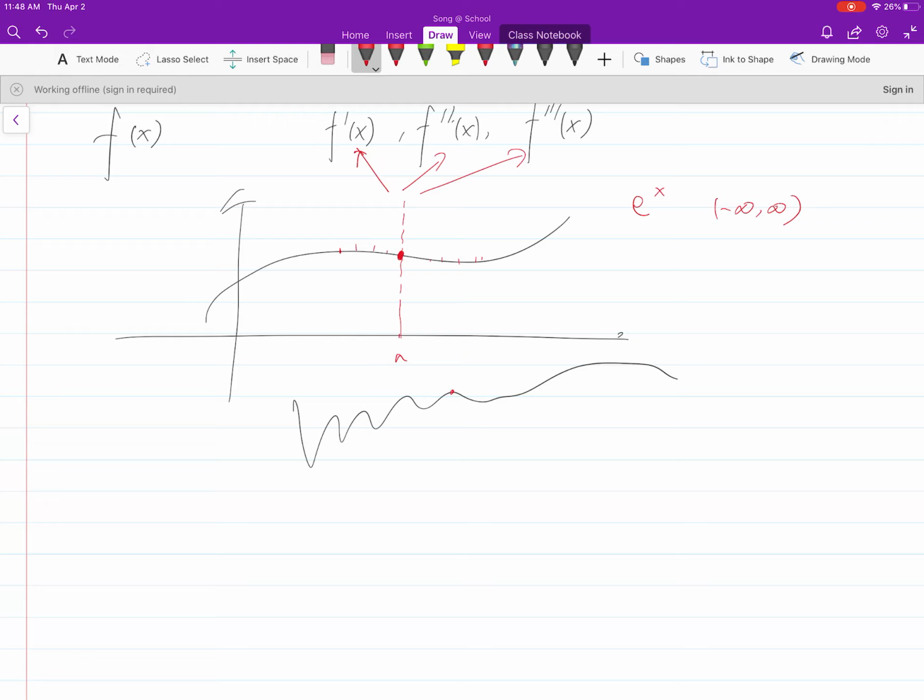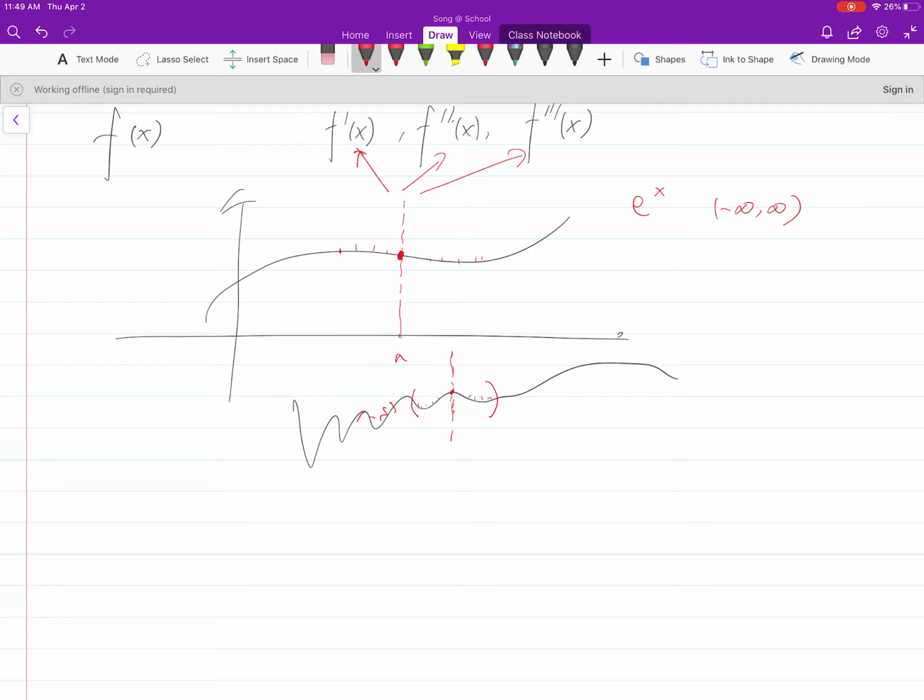For something bad, like this, knowing the information here, you cannot predict very far, but you can still predict probably roughly an interval around here, using only the information you get from this single point to predict what happens here, as long as they behave regularly. The moment they start to become funky, the moment you won't converge, the Taylor series won't converge, that's the moment you lose the predicting power. Okay, it has something to do with something called a chaos system, but that's not the scope of this class.